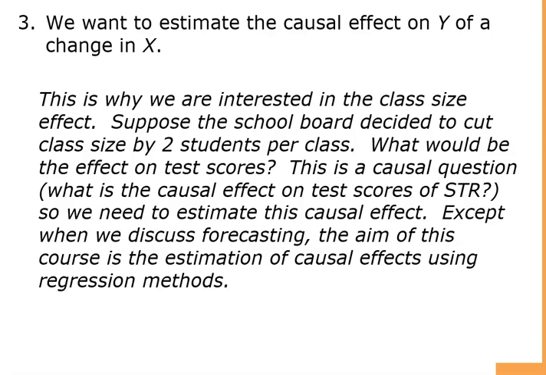So huge decisions regarding how much money should be funneled into a project, how the taxpayers' money should be used, all of these decisions can actually be made on the basis of regression analysis. And that is why this is the way I want you guys to look at the regression analysis, which simply means that you're trying to estimate the causal effect on y of a change in x.